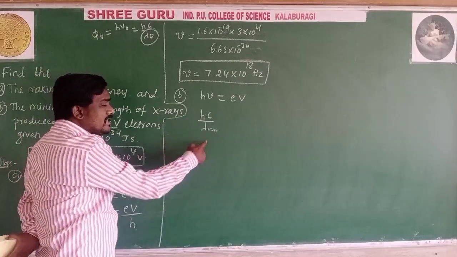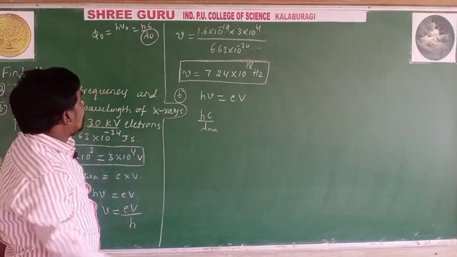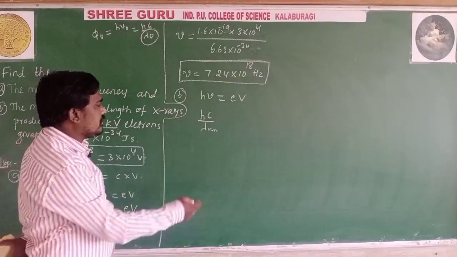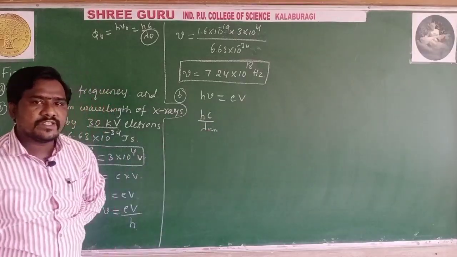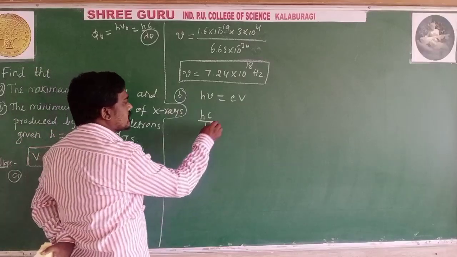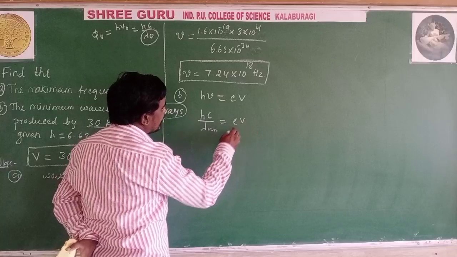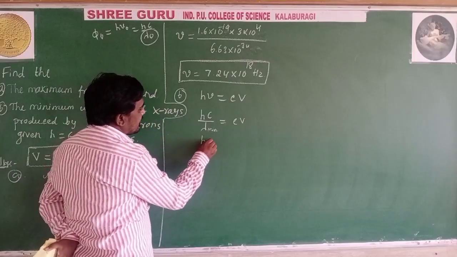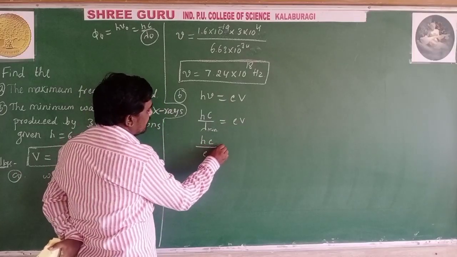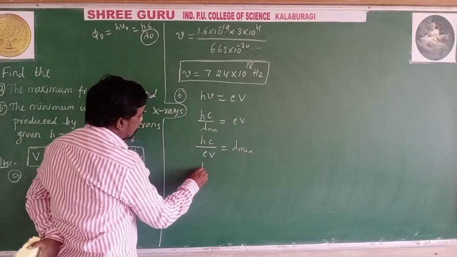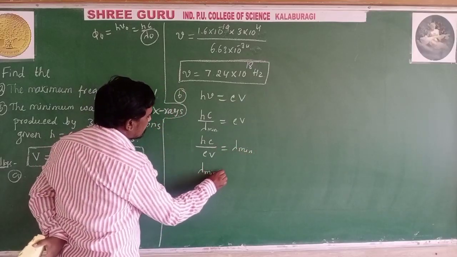Now this is our minimum wavelength, above which there is no emission of electrons, below which there is emission of electrons. Now we can write e into V, just take this side, hc by eV, which is equal to lambda minimum. Now the lambda minimum, just substitute the values.